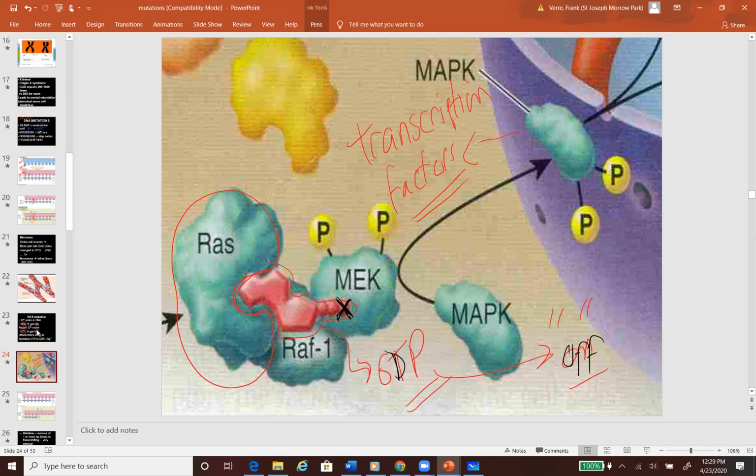This protein basically activates transcription factors for cell division. And if it cannot turn itself off, that means it cannot turn off cell division. So what kind of disease then could this lead to? Cancer. Yeah. Very good. Excellent. So that's another example of a missense mutation, okay?